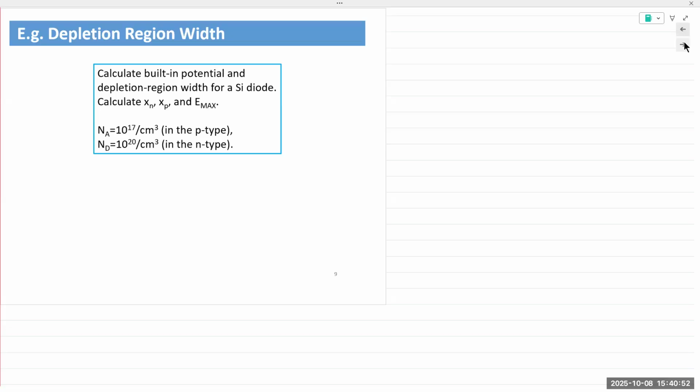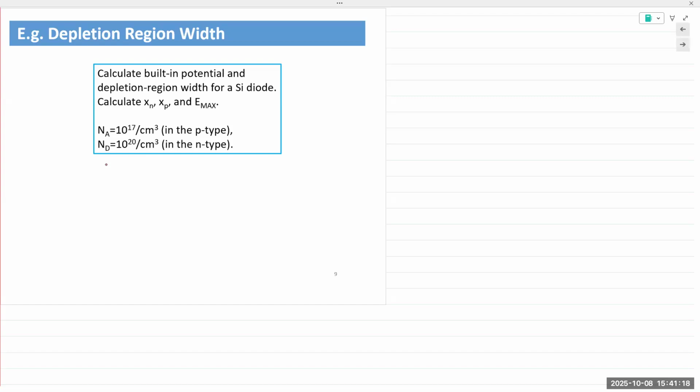When I was a student, the way I trained myself to think of it was: donor means I'm donating an electron, an excess electron, so N-type. And acceptor means I'm accepting an electron, so it's going to create a P-type material. Okay.